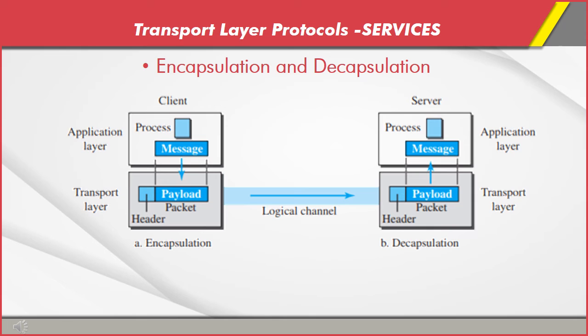The packets at the transport layer in the internet are called user datagrams, segments, or packets, depending on which transport layer protocol we use. This process of adding the header to the message we are sending is called encapsulation, and on the receiver side the reverse process is called decapsulation.